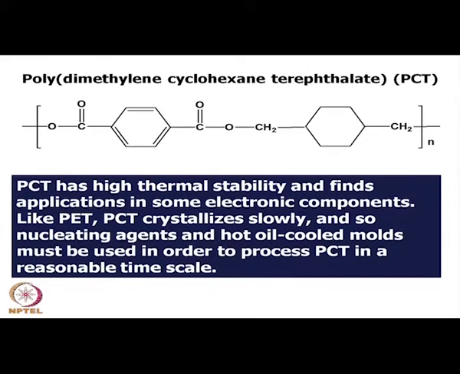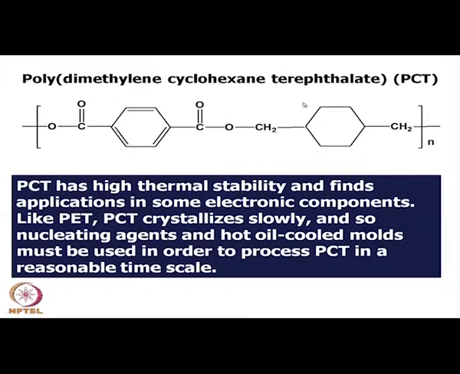Another example of such a polyester is polydimethylene cyclohexane terephthalate, PCT. Polydimethylene has a methylene group here, a methylene group here, and these 2 methylene groups are linked to a cyclohexane ring, and this is actually the alcohol part.